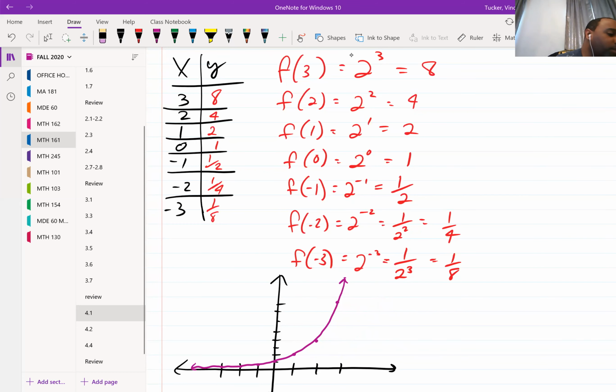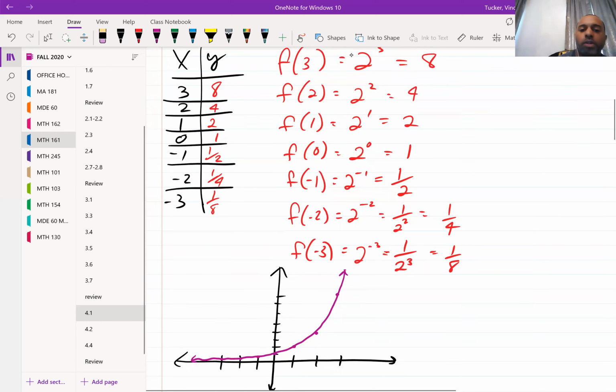It grows very, very fast. All right, any questions on that?